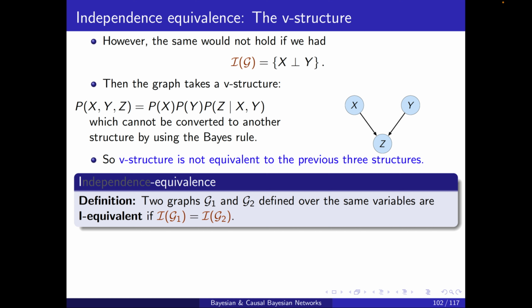And here we go with the so-called independence equivalence, or I-equivalence. Two graphs G1 and G2 defined over the same variables are I-equivalent if the set of their global independencies match: I of G1 equals I of G2.